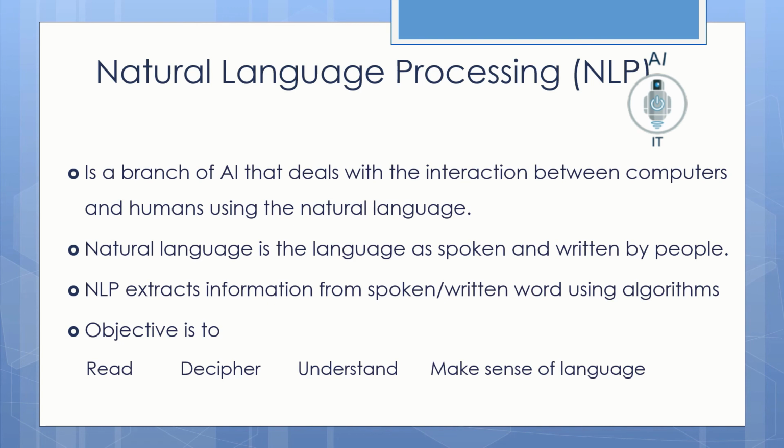So the objective of these machines is to read, decipher, understand, and make sense out of the language. Now, can you tell me what kind of data has to be fed into such AI machines? Yes, we use text and speech as input for this domain.